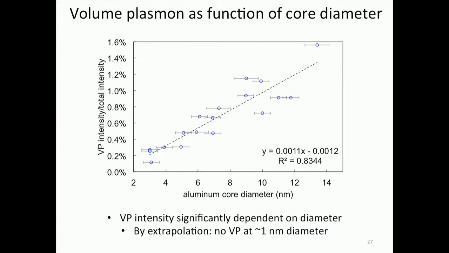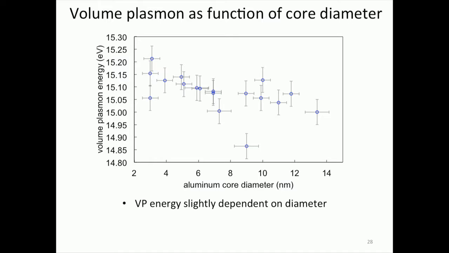And now let's see how the volume plasmon energy changes as a function of feature size. Here I show again aluminum core diameter from 14 down to 3 nanometers as a function of volume plasmon energy. You can see that the data is quite scattered, but we see a certain trend of increasing energy from about 15 eV up to about 15.2 eV, a 0.2 eV increase, slightly dependent on diameter.